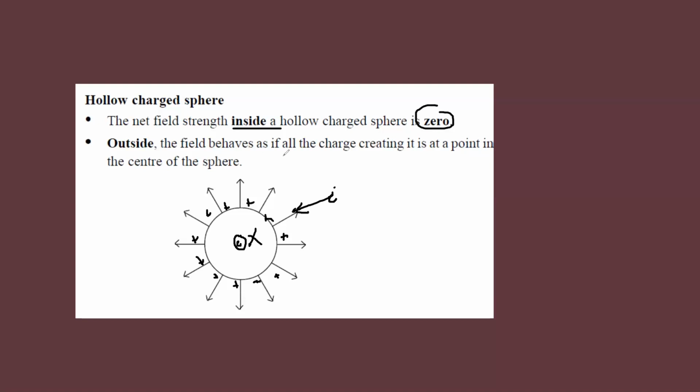The field behaves as if all the charge is at a point in the center of the sphere. This is only an appearance, that there is a point generating the electric field, and that charge is exactly at the center of the hollow sphere.